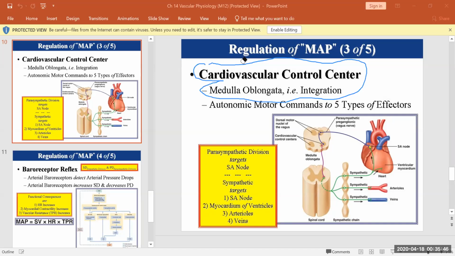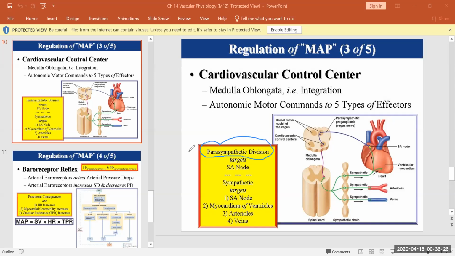Let's begin with the parasympathetic division first, okay? This is the rest and digest division of our visceral or autonomic motor system. It is activated when you are in a relaxed state, like after a meal, when you want to relax, smoke a cigar, have a cognac. There you go. That's when your parasympathetic division is completely on, right? Rest and digest.